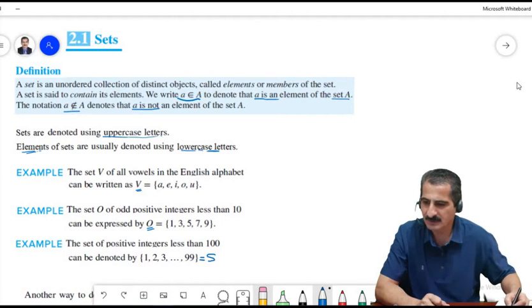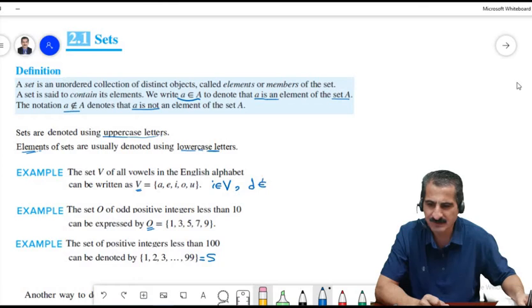So the set V of all vowels in the English alphabet can be written as V equals {a, e, i, o, u}. So here we will write the letter i belongs to V, but the letter d, for example, does not belong to V. This is what we mean by these notations above here.